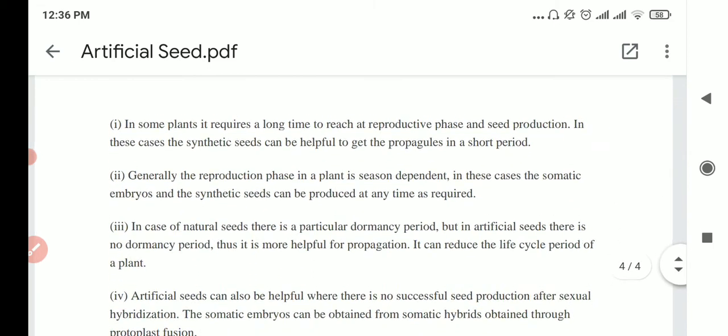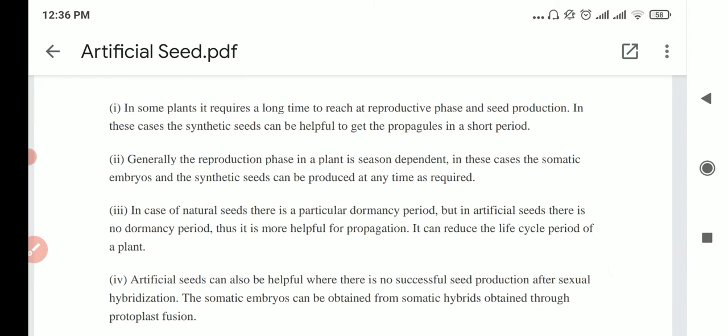So there are some uses here. Some plants reach the reproductive stage very late. When we need them in a short time, synthetic seeds are more helpful, rather than waiting for the plant to flower, then fertilize, then fruit, then the fruit to form a seed, then the seed's rest phase, then germination, and whether the germination works or not.